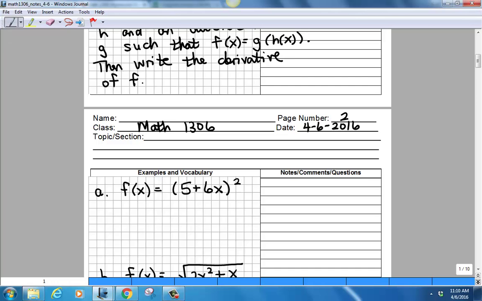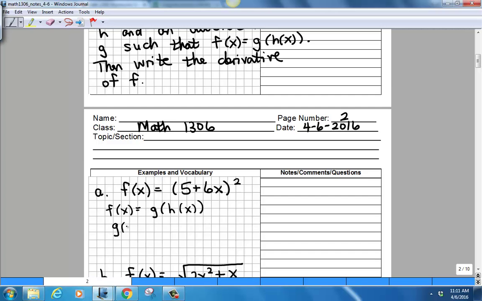What the chain rule says is, let's see if we can take that function f and write it as the composition of two simpler functions, g and h. So I've got to see if I can write down these two functions, g and h. All right, in this example, I'm just going to show you what the two functions are.